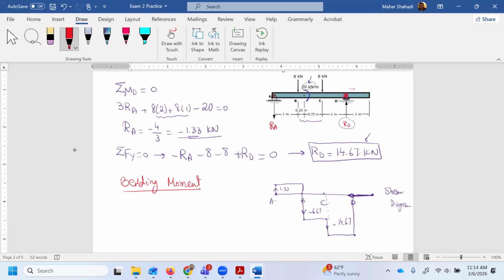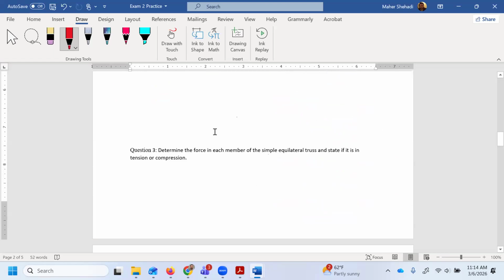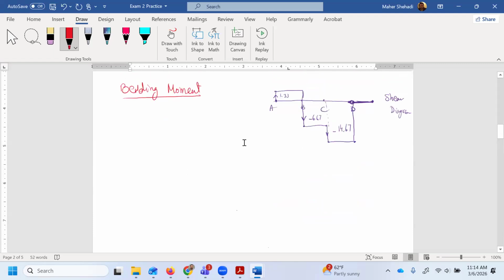So it should be 0 here all the way to here. Again, if you take a section here and look to the left, there are no forces. So MD is 0 and all the way till the end of the beam. So that's MD.